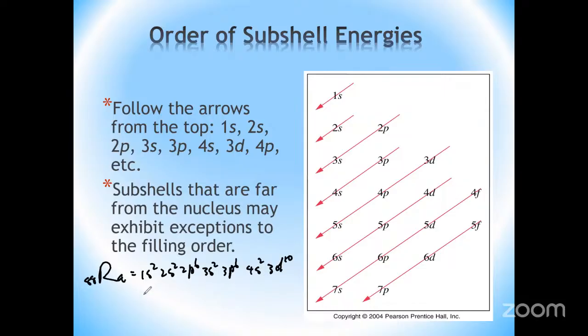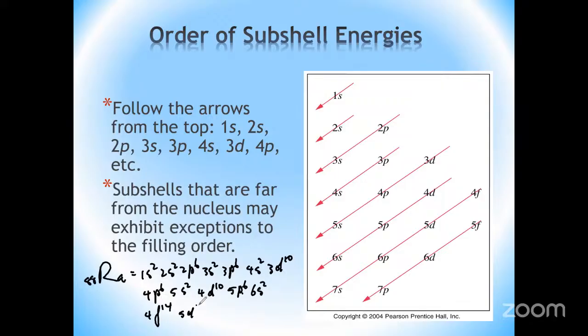And then after 3d, then 4p6, then 5s2, then 4d10, then 5p6. Okay, how many electrons have I assigned so far? That's 36, 38, 48, and 6, 54. Okay, so after 5p6, then 6s2, then 4f14, then 5d10.